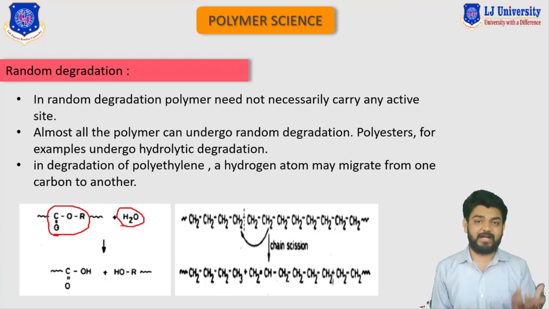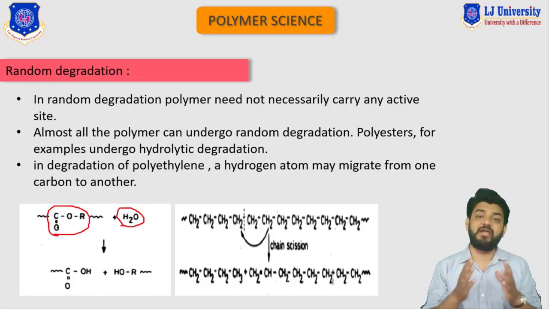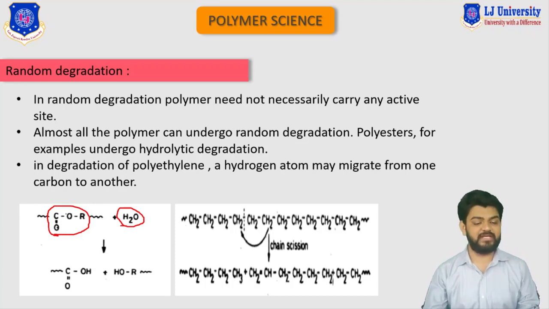So this is your practical example. We usually wash our clothes and our clothes start to degrade because ultimately they are made up of the polymer known as polyester. So here is the polyester functional group which degrades when we wash it with water.